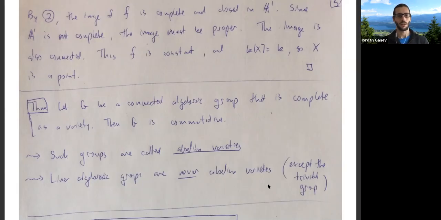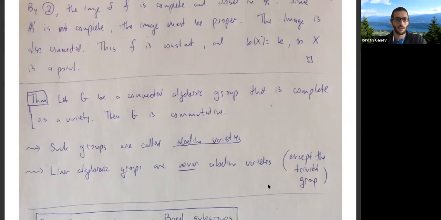And we just saw that the only thing that is both affine and complete and connected is a point, so the only group that's both a linear algebraic group and an abelian variety is the trivial group, if connected. So this course is about linear algebraic groups, and we won't say anything more about abelian varieties, but it's good to be aware of this notion.